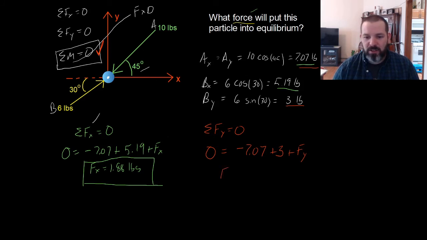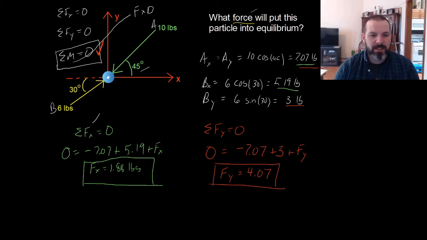If we solve this, it's going to tell us that Fy is equal to 4.07. And if we were looking for two forces, we could add these in here and say, if we add an additional force of 4.07 going up and an additional force of 1.88 going to the right, we've put this particle into equilibrium.